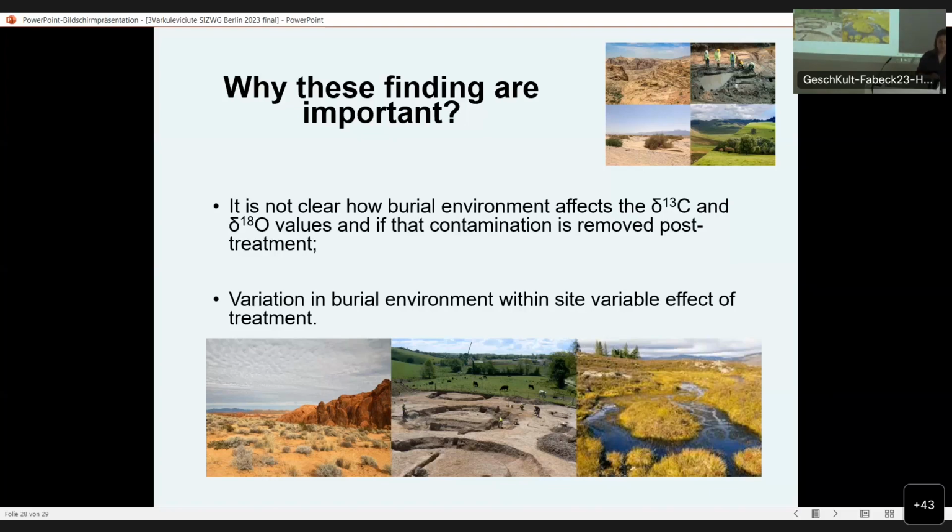However, we can also note that there's a large variation in the shifts within a single site, which could suggest that there is a micro variation in burial environment within each individual context that the teeth are found in, rather than the general site environmental context. Another reason for that could be that the acid is affecting individual teeth differently and maybe even unpredictably.